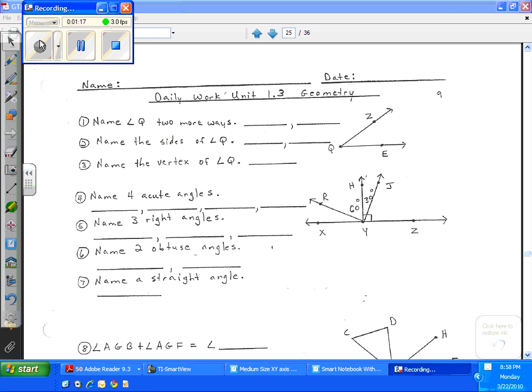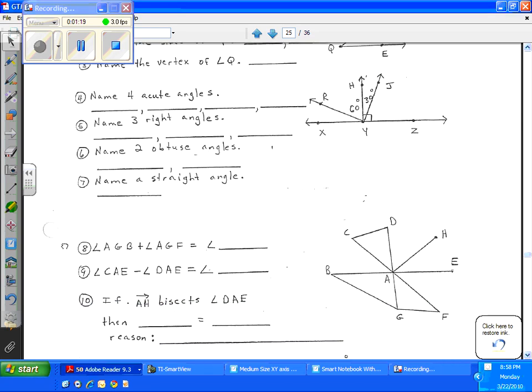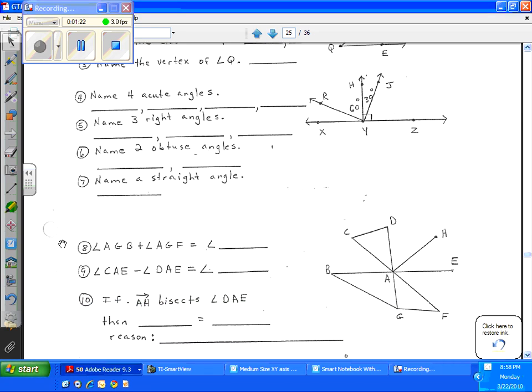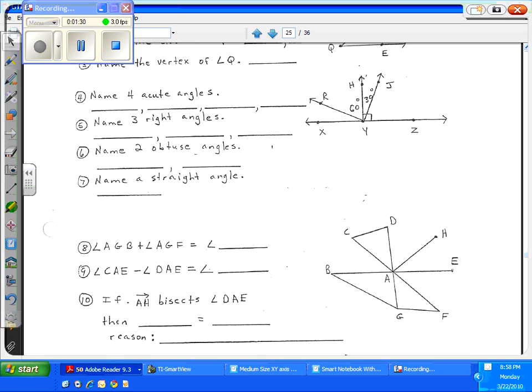Looking at the diagram to the right here, we want to name 4 acute angles, 3 right angles, 2 obtuse angles, and 1 straight angle. Remember that the separating concept visually is straight over, straight up, because a right angle is straight over and straight up, so that the two sides are perpendicular, we would say, to each other.